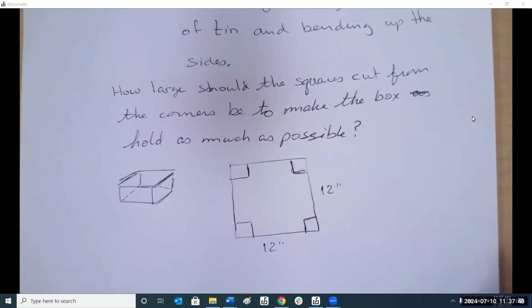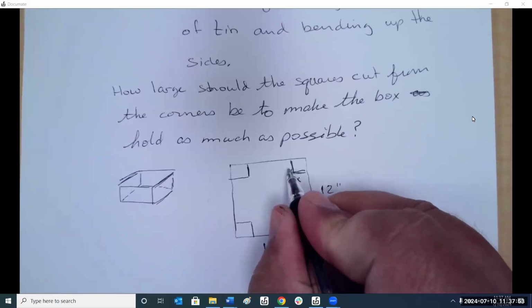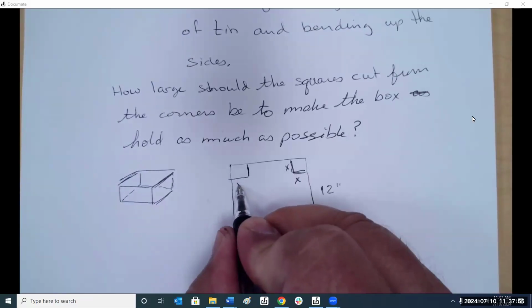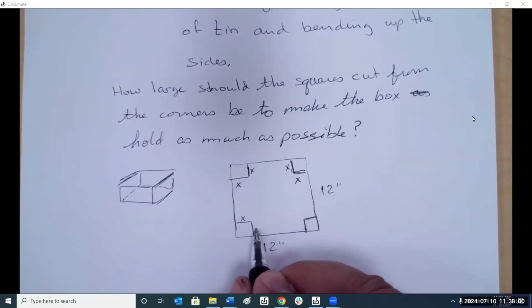Do we know how big they should be? No. So we call them x. Since they're square, they're going to be the same on both sides of that little square.